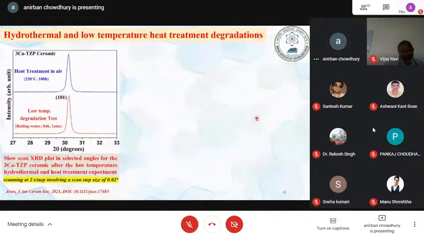Okay, then these are the two tests we did, very relevant for biomedical and dental ceramic applications. They call it the low temperature degradation test. They do it at either high pressure, high temperature, or low temperature at ambient pressure for many hours. Here we did boiling water for 84 hours, 3.5 days.